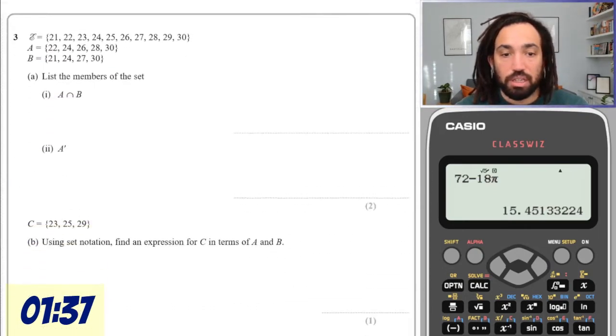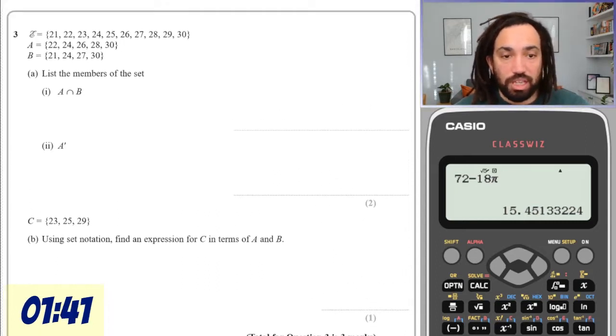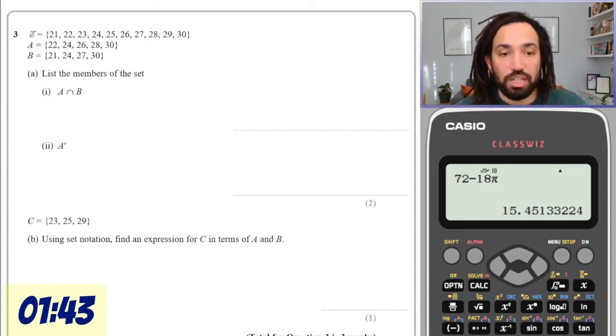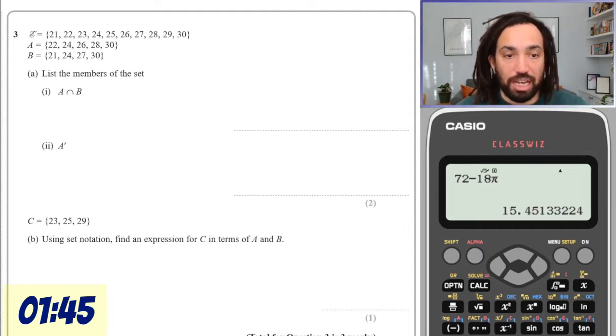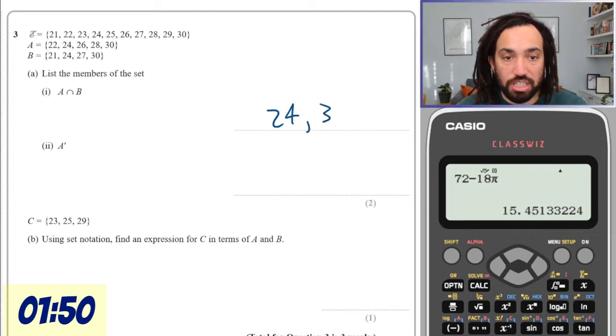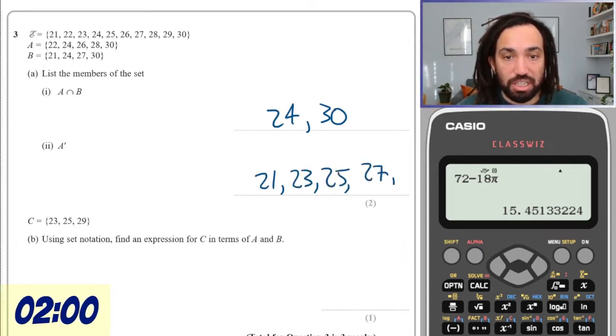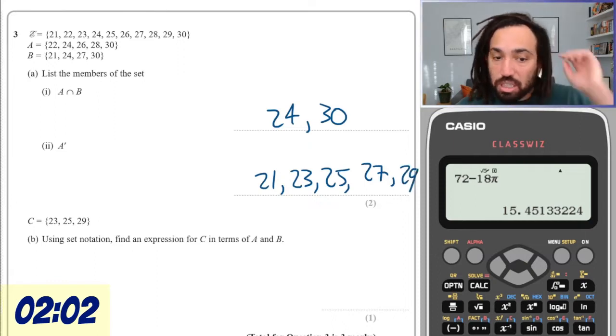Perfect. Okay, list the members of the intersection. So the intersection is where they overlap. So 24 they overlap, and also 30 they overlap. Not A, all the ones that aren't in A. So 21 isn't, 23 isn't, 25 isn't, 27 isn't, and 29 isn't.